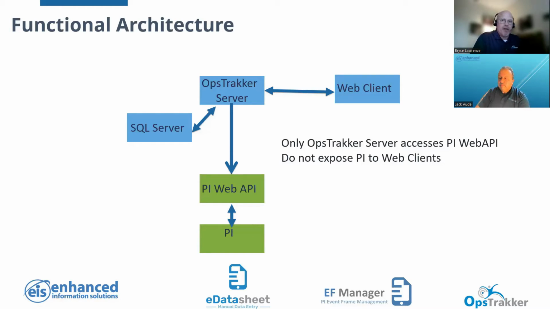The communication to Pi servers, both data archive and AF servers, is through the PiWave API, with the idea that the Ops Tracker server can connect to as many different Pi servers as required through PiWave API connections that are set up. We did this on purpose to allow for a distributed architecture.